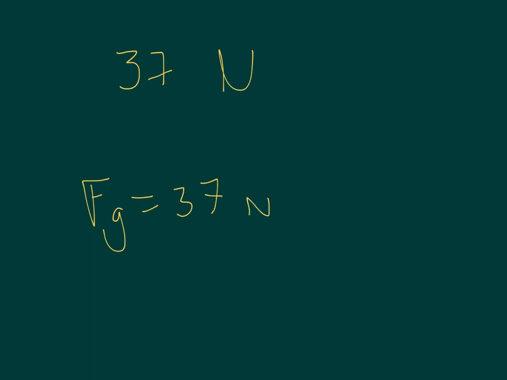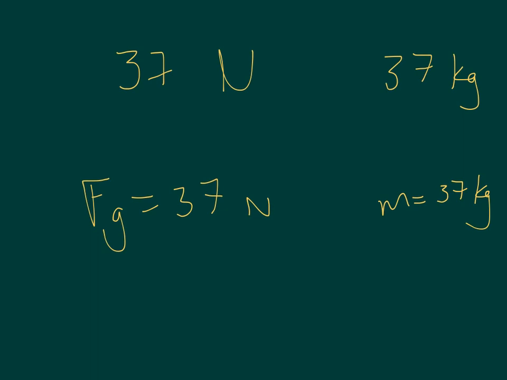If a problem says the weight of an object is 37 newtons, you know it's a weight, or a force, because of the newtons there. It can't be a mass. This has got to be the actual weight of the object. If it said an object has a mass of 37 kilograms, then that is the mass. They're two very different things.